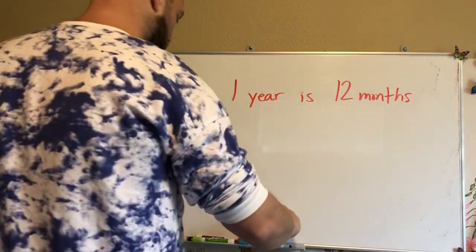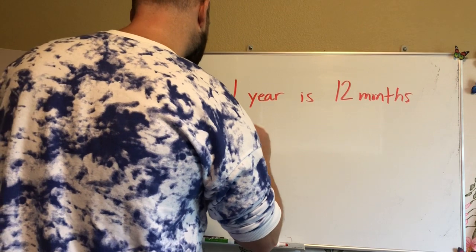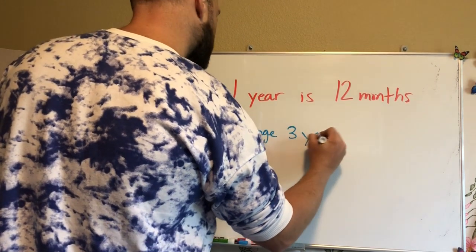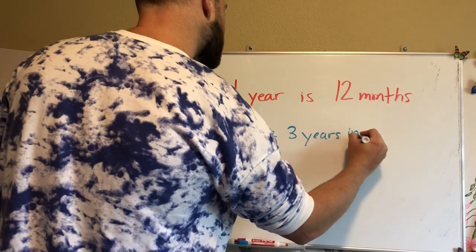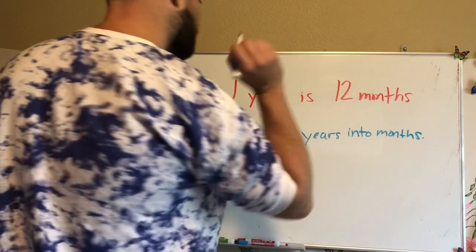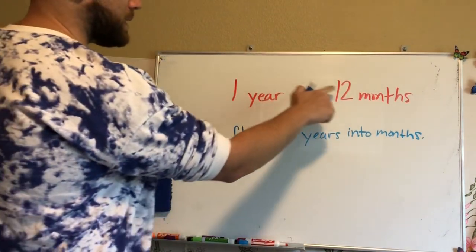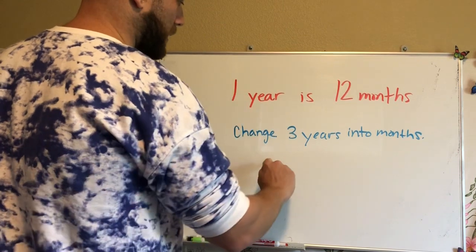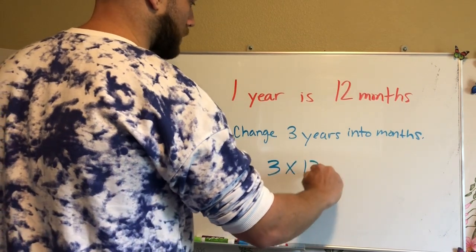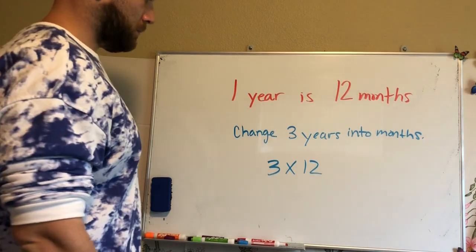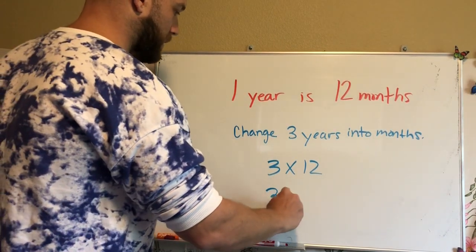So, change 3 years into months. Well, if I know this is 1 times 12, I'm just replacing the 1 with a 3. So that's 3 times 12. Pause the video and work the problem. You should have 36 months.